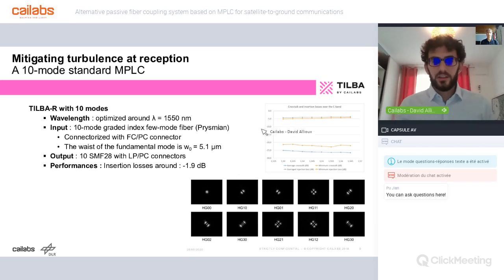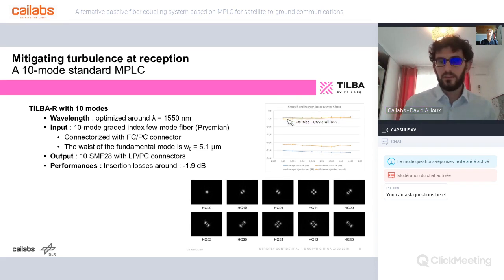Finally, the last thing I wish to say is about the performance of the component at other wavelengths. We tested the component on the whole C-band, and it's relatively stable. On the top you have the insertion losses, and on the bottom of the graph you have crosstalk. Overall, across the whole C-band, the performances are relatively stable.